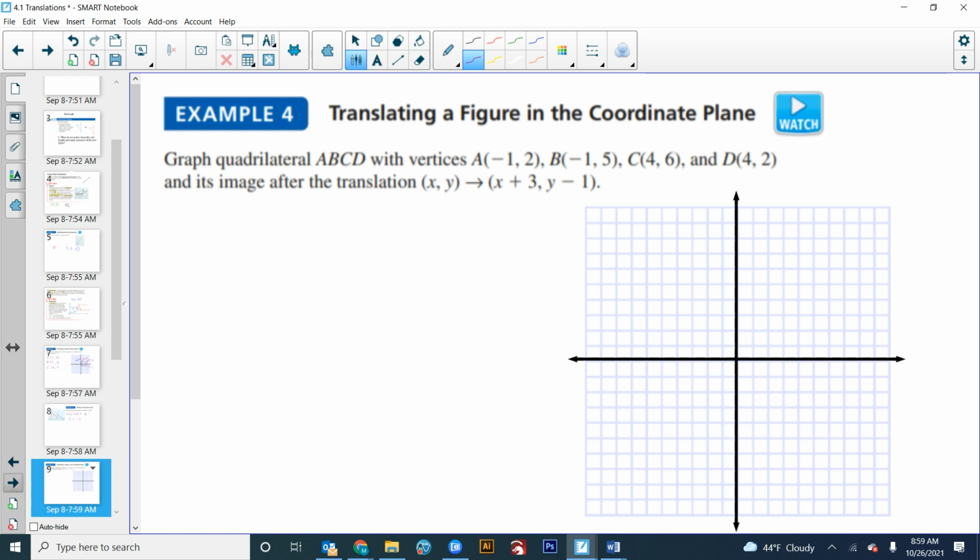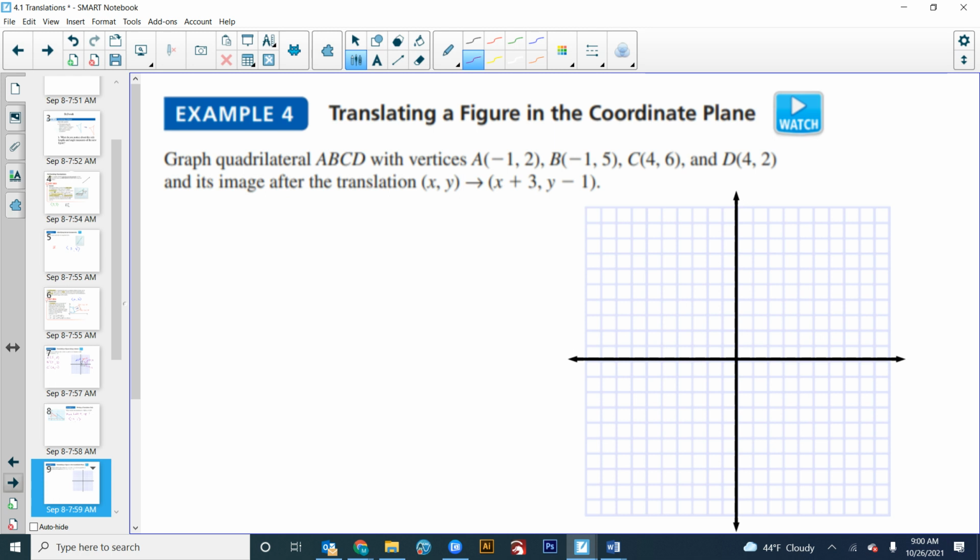There are some terms here. And at the end of course test that you guys are going to take, I think late April typically, this symbol right here means transforms into or becomes, okay? So XY gets transformed into X plus 3, Y minus 1.